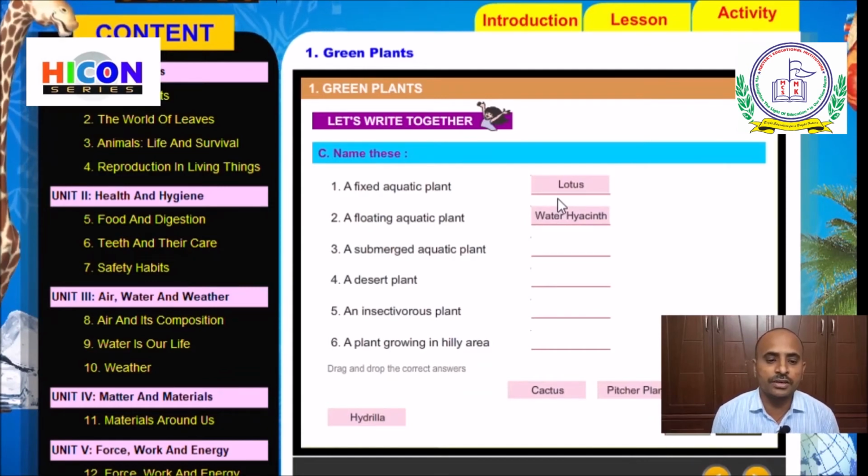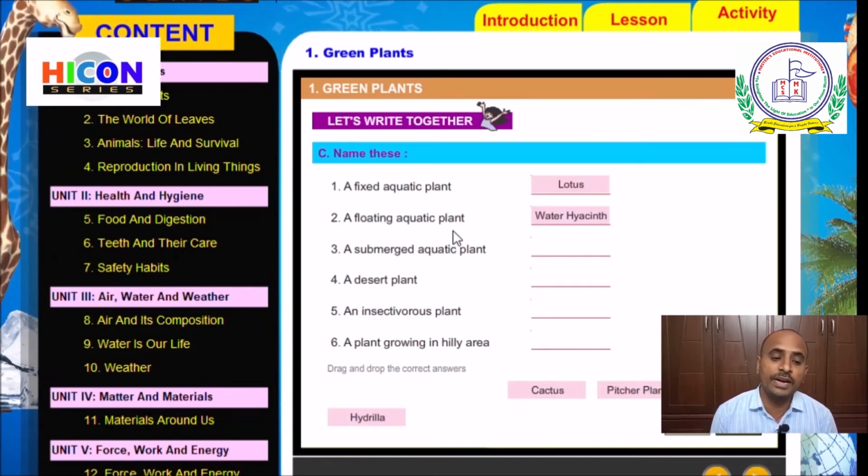So children, read the third sentence. A submerged aquatic plant. The third type of aquatic plant is the submerged aquatic plant. That means these plants grow completely inside the water. The whole plant body, that means stems, leaves and roots, grows inside the water.